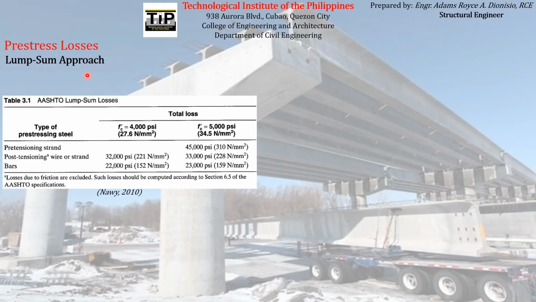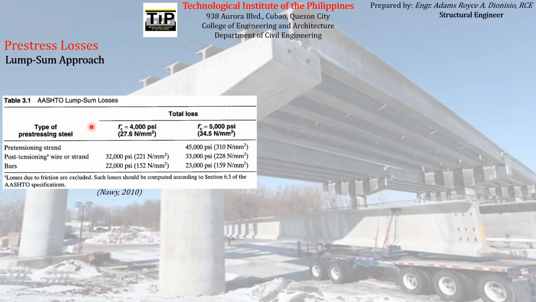So you can refer to AASHTO lump sum losses if you want to be familiar with the estimated total loss that a particular pre-stressing reinforcement may experience along the pre-stressing operations.